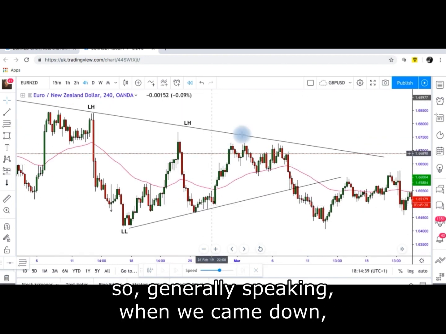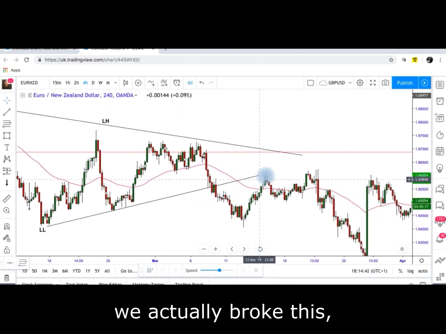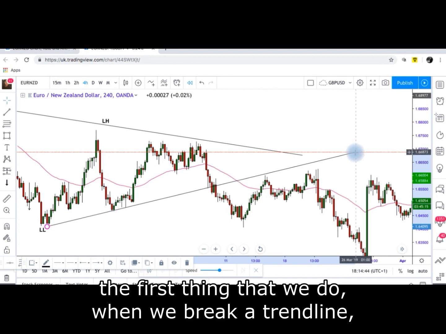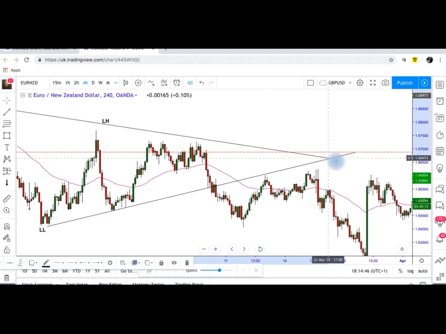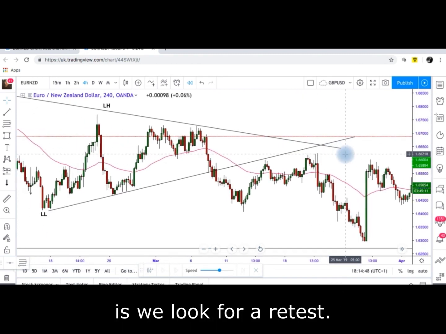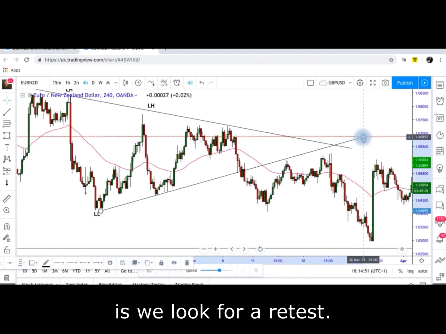So generally speaking, when we came down and we actually broke this, the first thing that we do when we break a trend line is we look for a retest.